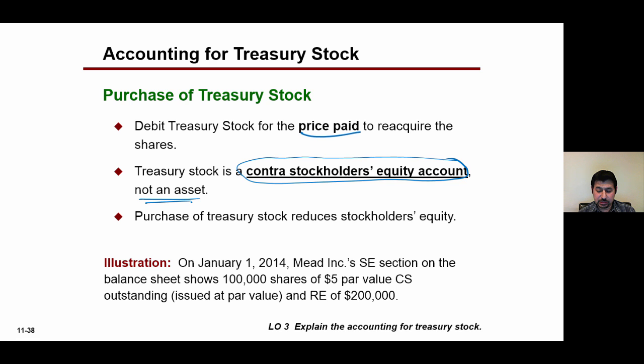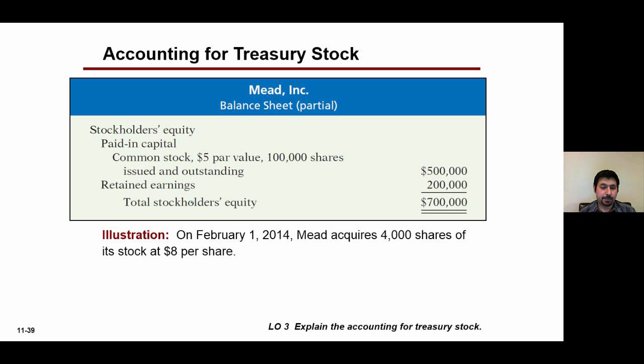On January 1st, 2014, Mead Inc.'s stockholders' equity on the balance sheet shows 100,000 shares of $5 par value common stock outstanding, issued at par value, and retained earnings of 200,000. In this case, the value of the common stock is 500,000, and retained earnings is 200,000.